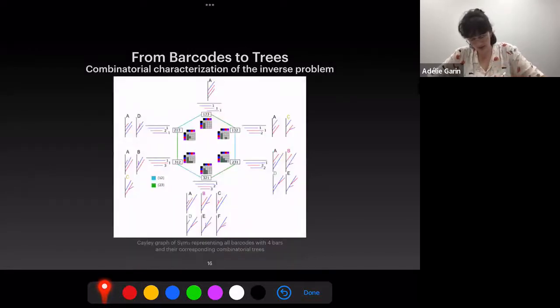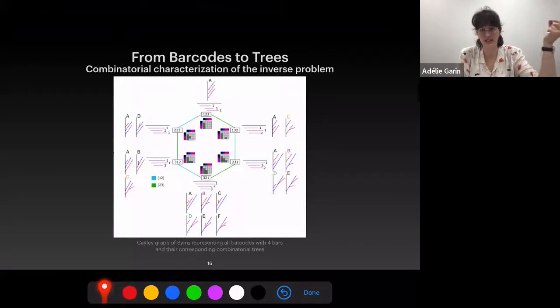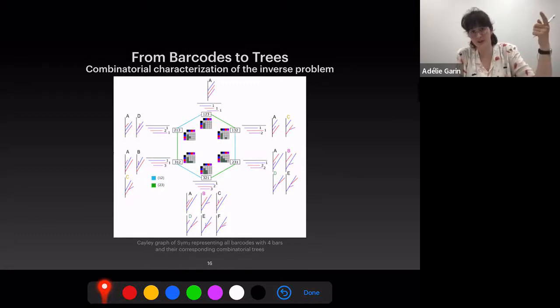So this is another representation of this inverse problem, which I think is really nice because now that we know we can classify barcodes by permutation type, and we also know what kind of trees we have for each type, you can basically take the Cayley graph of the symmetric group.